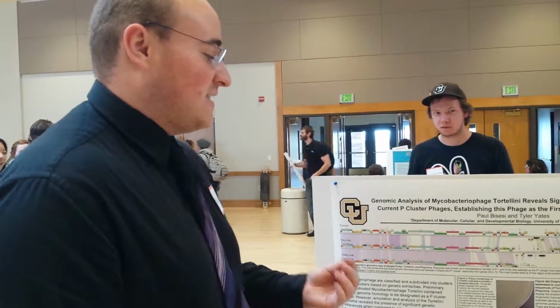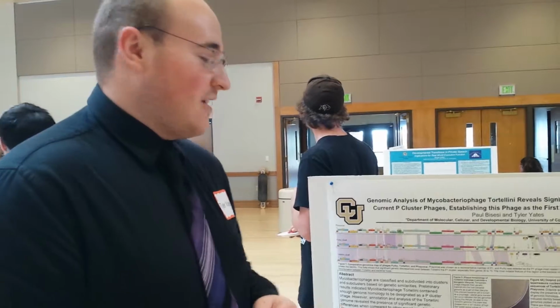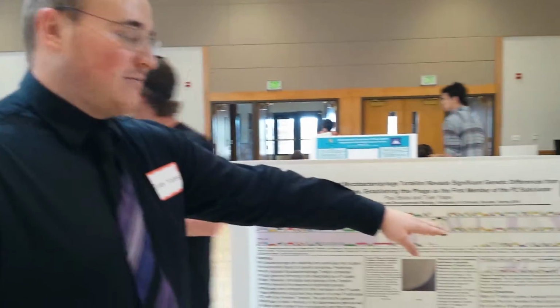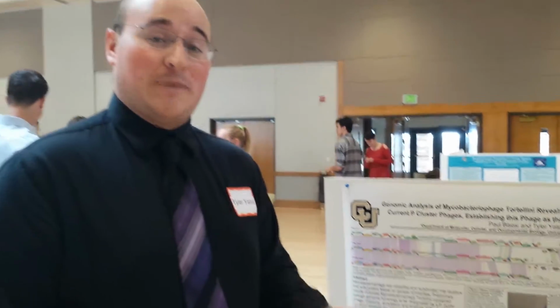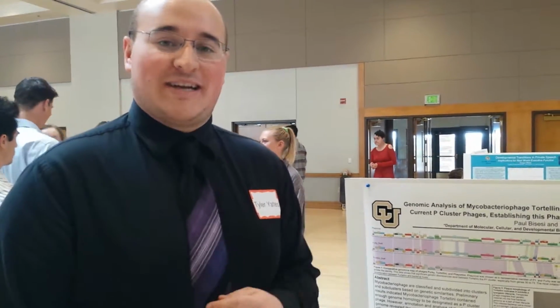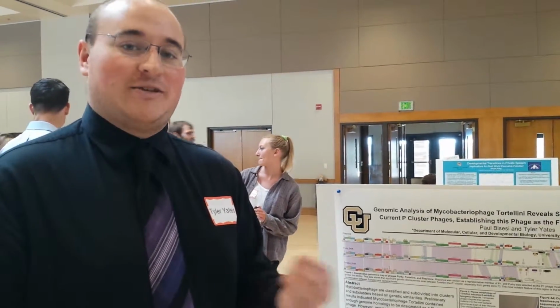So, based on tape measure alone, Perky would be a part of the P2 subcluster, but it's this back-end homology that really shows it wasn't. Other than that, related to the general P1 subcluster, 50% identity makes it a P cluster, but not making that 75-ish mark makes it a P2 subcluster.